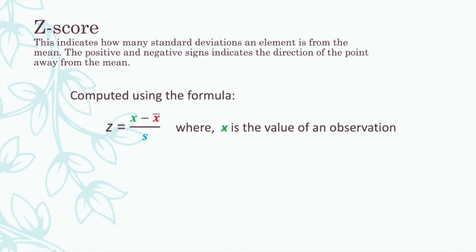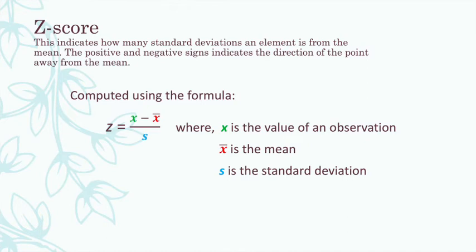The x there is the value of an observation. The x bar is the mean. So you know this already from your midterm on how to calculate the mean. And your s there is the standard deviation. And you have also already encountered this in your midterm, on how to calculate the standard deviation.